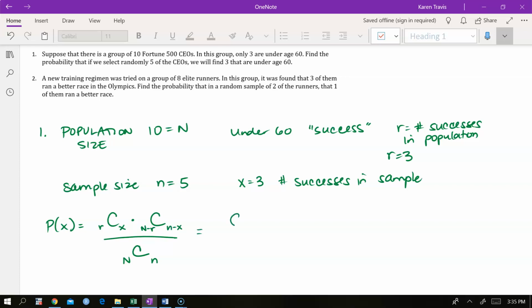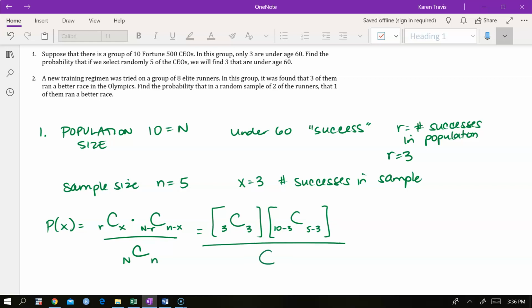Looking at what we've got, we have 3 successes in the population, and we're going to find the chance of getting all 3. Then we're multiplying that by the fact that there's a population size of 10, but 3 of them are a success, so 7 are not, a sample size of 5, and 3 of them are successes, so we'll have 2 failures in the sample.